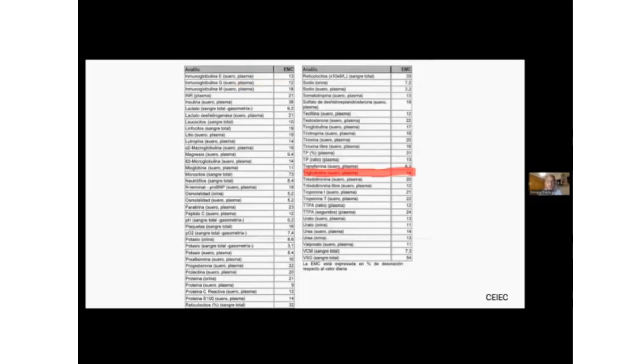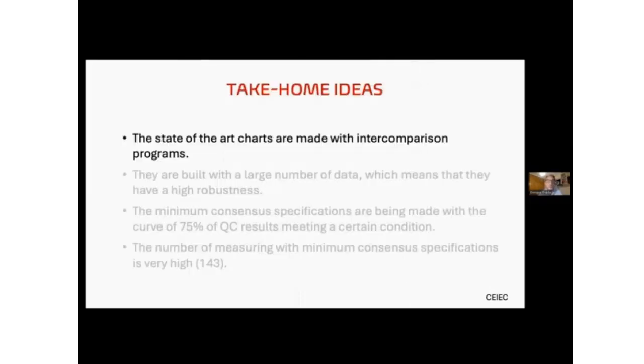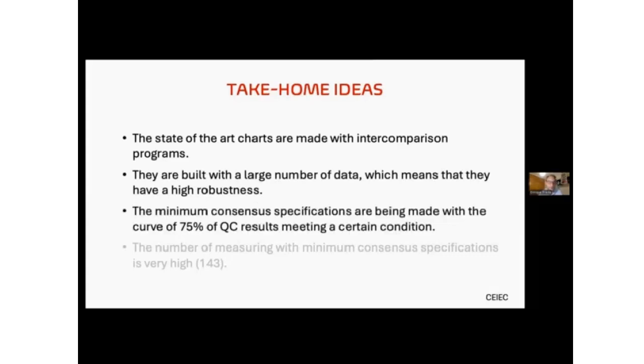Well, some ideas to take home. I would say that we consider state-of-the-art graphs made with intercomparison programs, which, due to the large number of data we work with, we believe are quite robust. As you know, and as we have mentioned on several occasions, minimum consensus specifications are worked with the 75% curve of the results of those laboratories that meet a certain condition in 75% of their results.